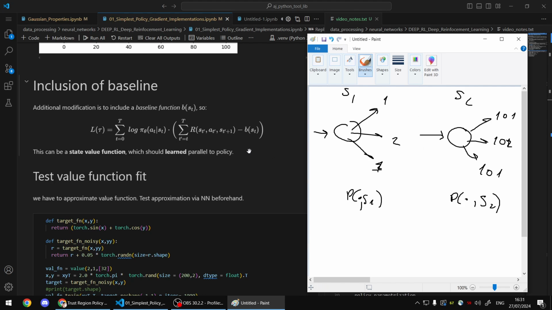So if you remember, we had a sum, basically, right? And these gradients were nudging certain entries of our parameters based on the magnitude of rewards. Not only the magnitude, but the sign is also important.